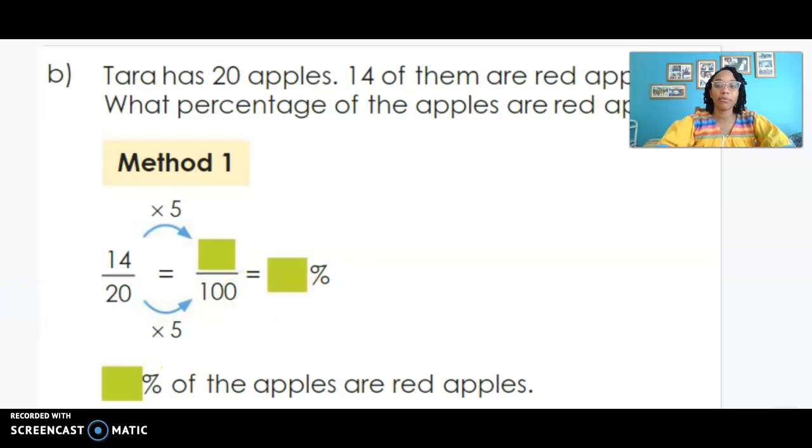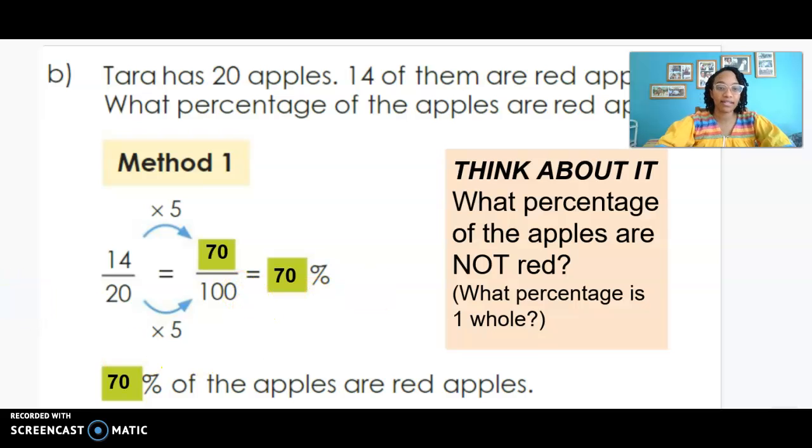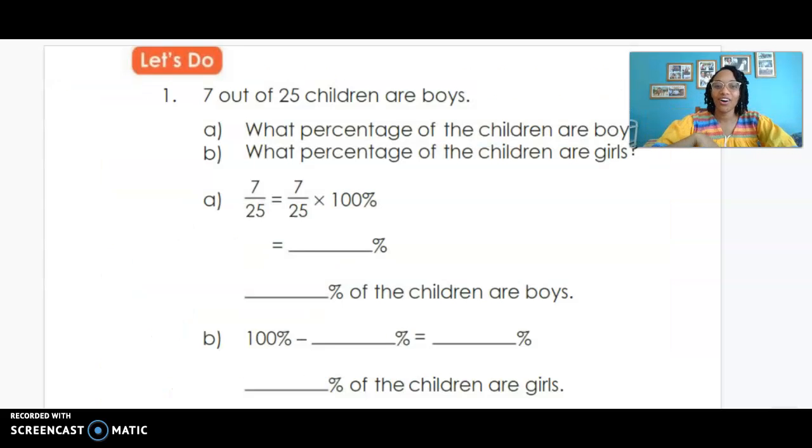And then we can find the percentage of apples that are red. Once we find that percentage of apples that are red, which is 70%, we can also subtract from the whole to know those apples that are not red. So if 70% are red, 30% are not red, because 70 plus 30 equals 100, and percents are always out of 100.